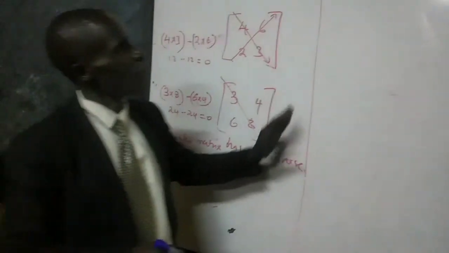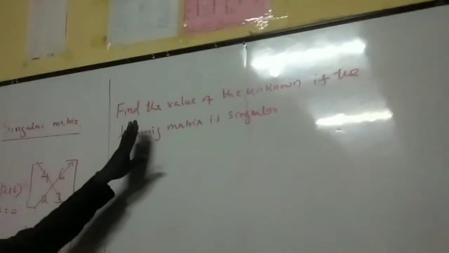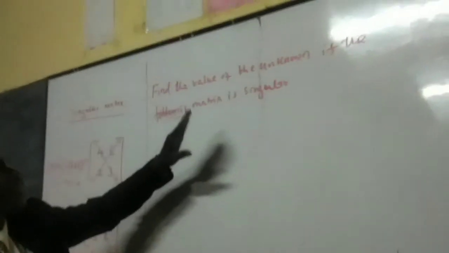But the knowledge of a singular matrix can be set this way. Find the value of the unknown if the following matrix is singular.